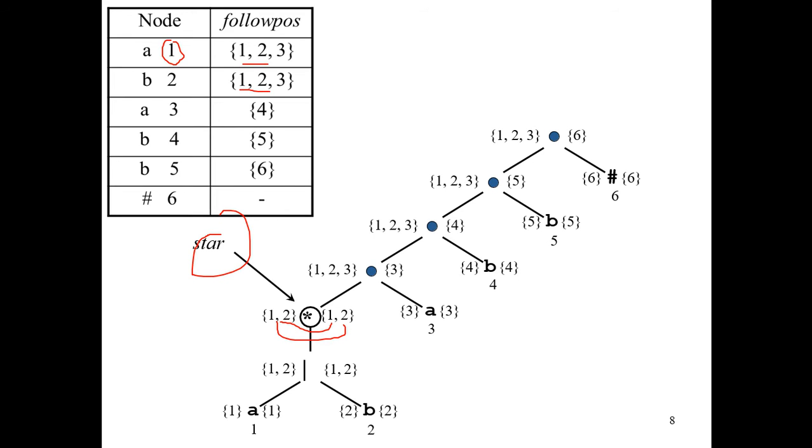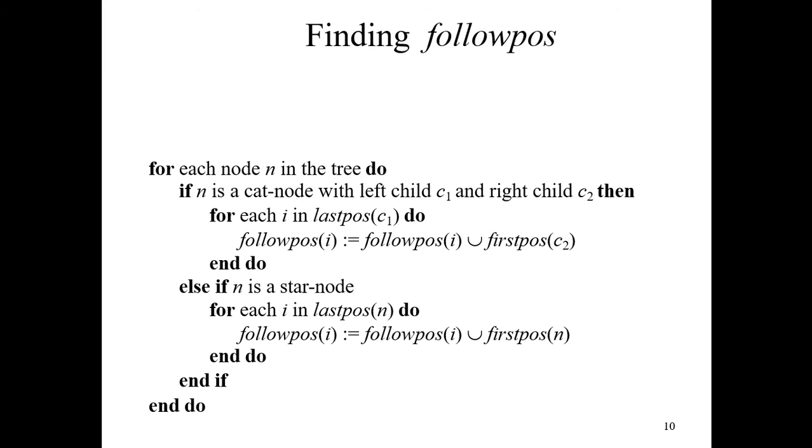Now we move on to the concatenation symbol. The concatenation rule says that each of the lastpos in C1 will be followed by the firstpos in C2.